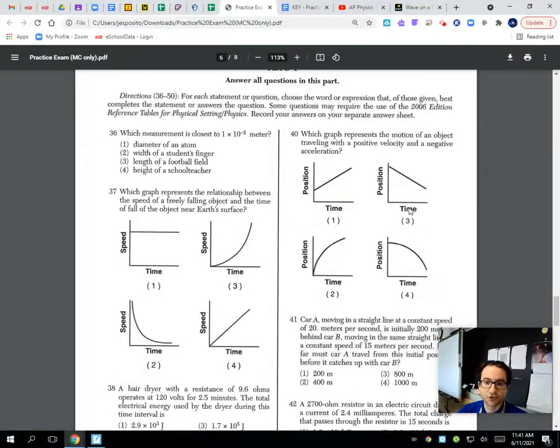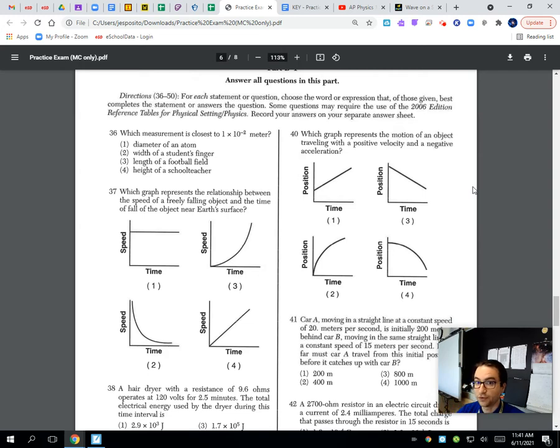Number 40, which graph represents the motion of an object traveling with a positive velocity and a negative acceleration? So positive velocity, negative acceleration means you're slowing down. That's like when you're braking in a car, moving forward, but accelerating backwards so that eventually you will come to rest. That means our position is still increasing.